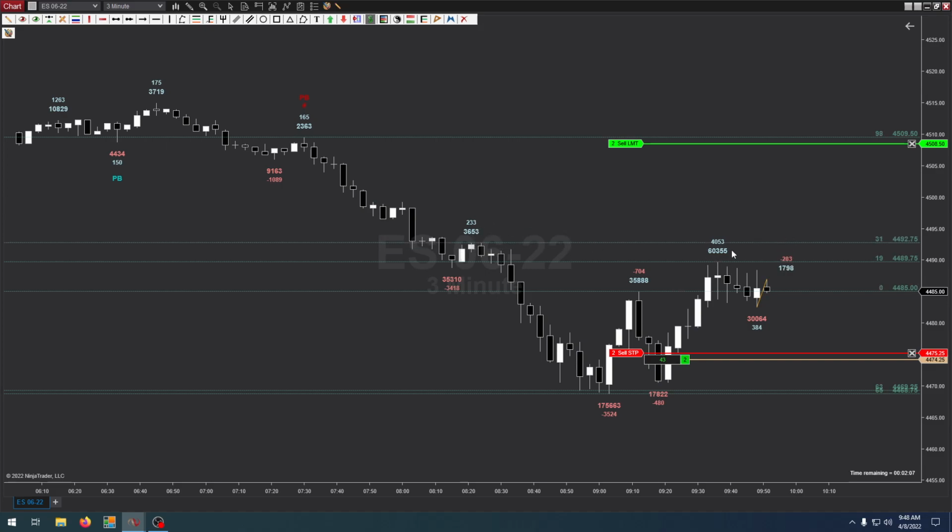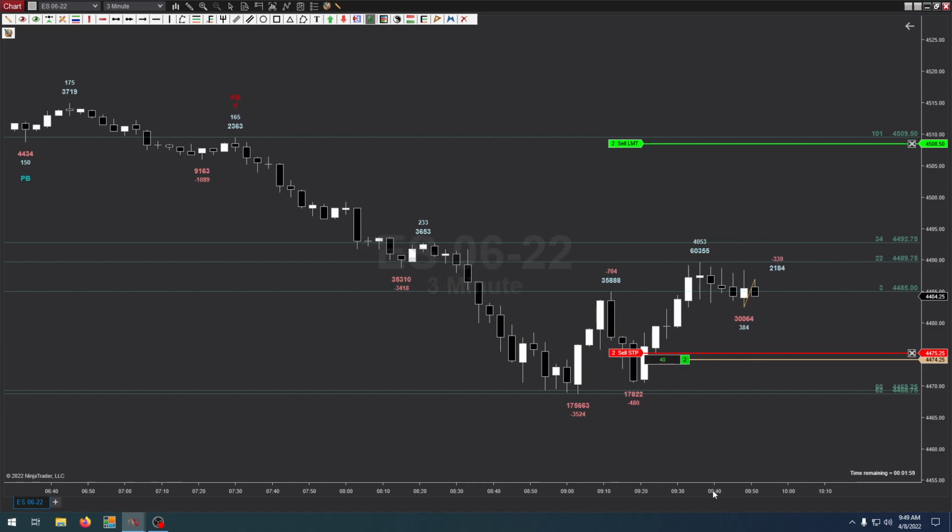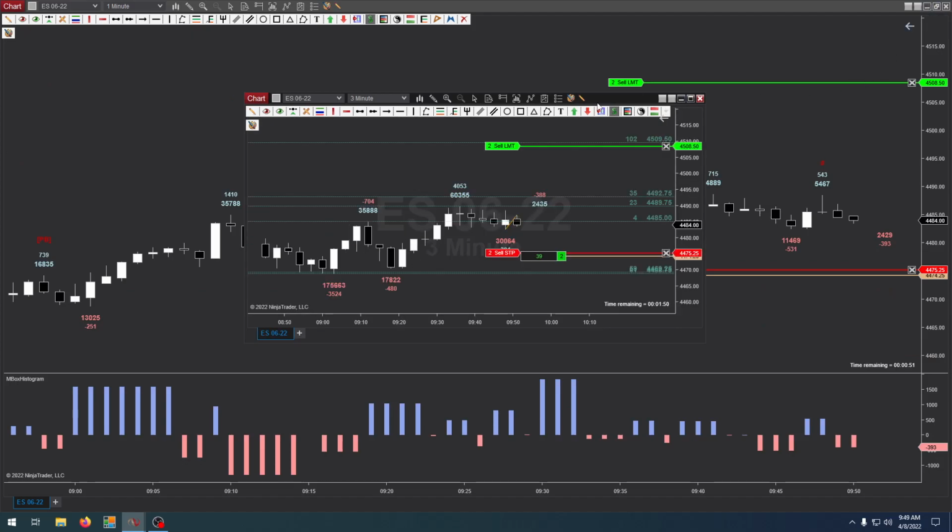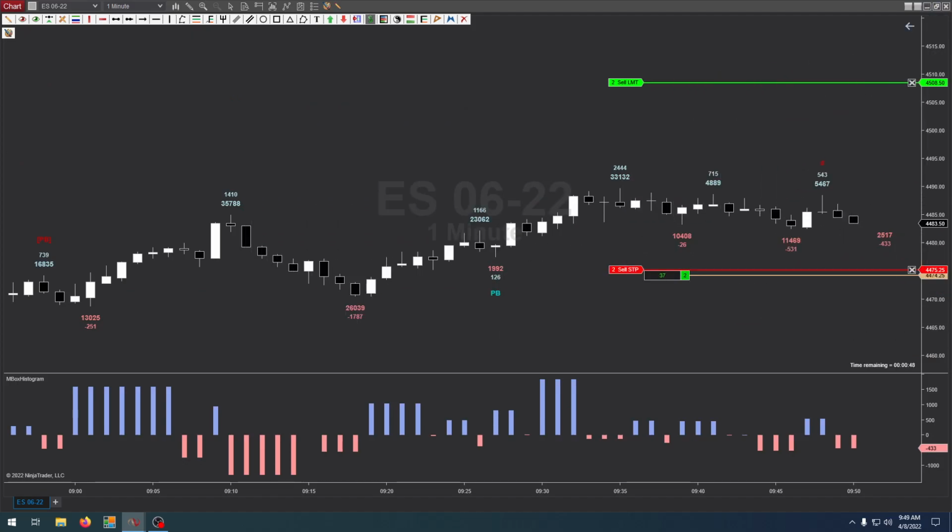Okay, need to get through here to get to here. Now this one is retesting this level again, and that's because we need to confirm a swing short on the 5, I believe, and because of what happened right here.